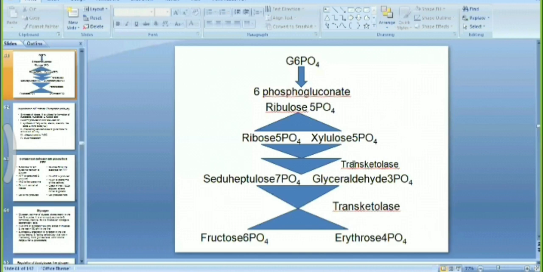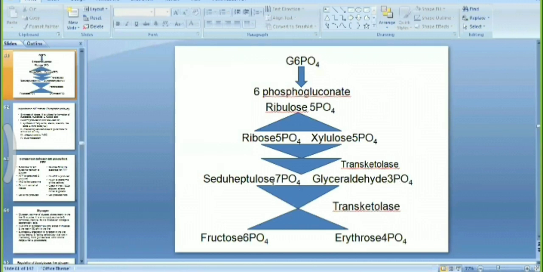Then it is acted on by transketolase, and the 5 and 5 carbon molecules, 10 carbon in all, are used to produce sedoheptulose, which has 7 carbon, and glyceraldehyde 3-phosphate, 3 carbon.